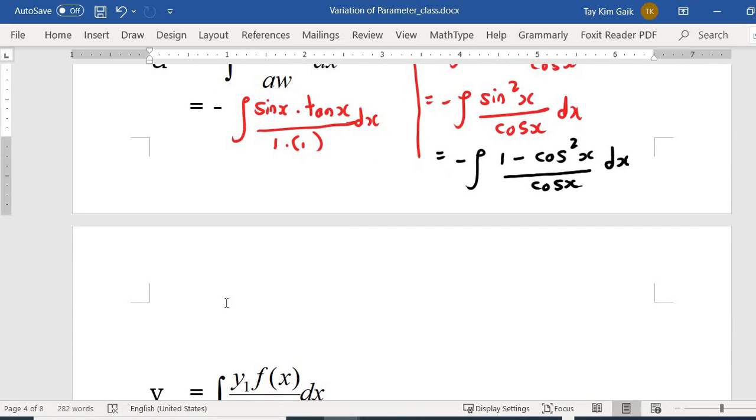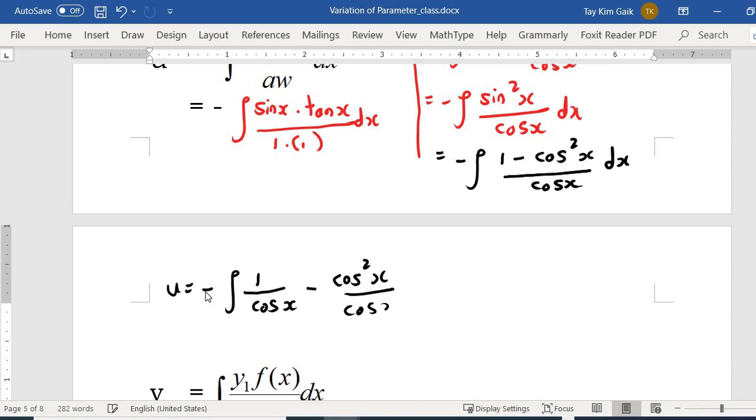Okay, you may just face difficulty in integrating. To integrate this one, you can break it into 1 over cos. You can break it because the denominator is only one term. If your denominator has two terms, you cannot break it like this. So 1 over cos x minus cos squared x divided by cos x dx. 1 over cos is secant x.